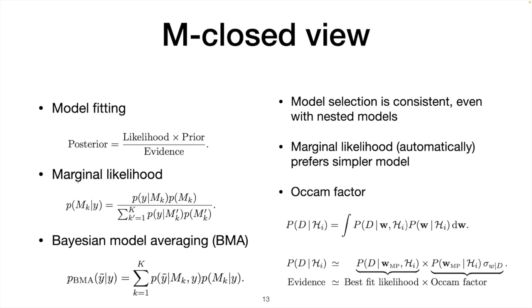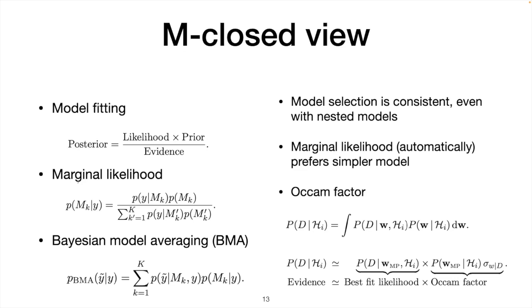Yes. Just to clarify, is this like a sequential process, where you get your posterior, or are these separate? So I haven't talked about Bayes model averaging yet. Here I'm just saying how to do marginal likelihood, and that it prefers simple models. Then the classic meaning of Bayesian model averaging is that we weight each model according to its marginal likelihood, because that's how we compute the posterior probability of each model.